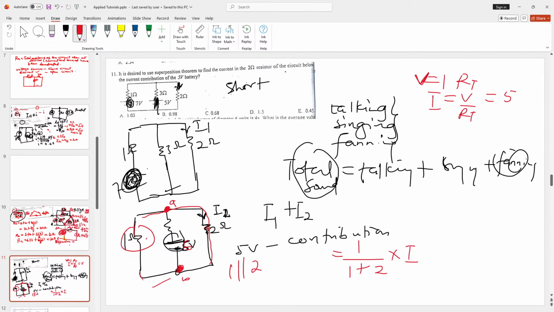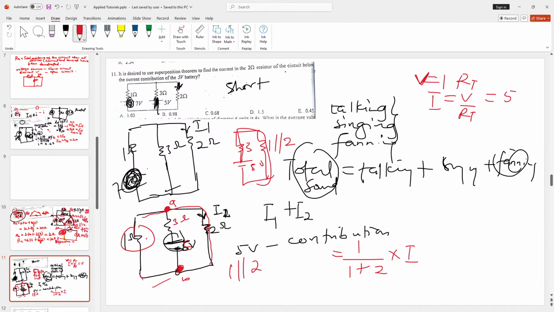After you're done, you realize that it's going to be in series with this 3 ohm here. This one in parallel with this one. You are going to add them and it's going to look like this. 1 connected in parallel with 2, 3 here, and then our 5V comes. So you realize that this is going to be in series with 3 here. So let's do that.